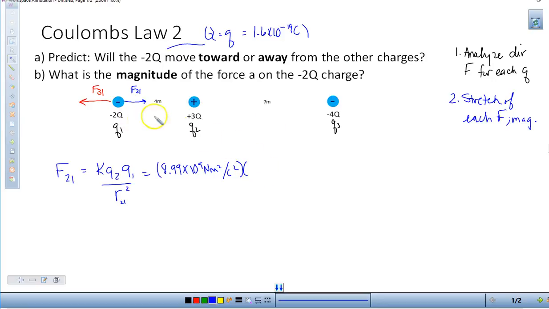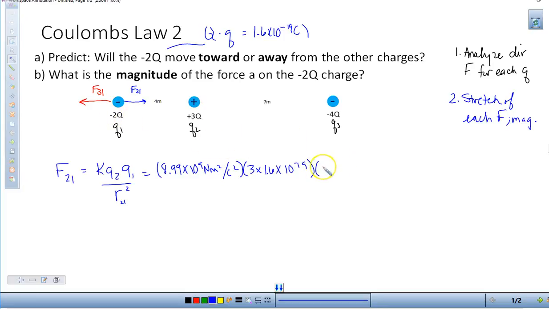So with that said, this is going to be 2 times 1.6. This is for Q2, so actually, let's go ahead and write it the right way here. This is 3 times 1.6 times 10 to the negative 19 coulombs here.